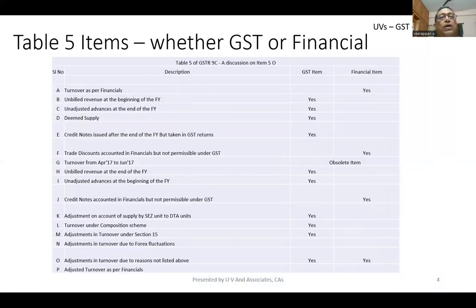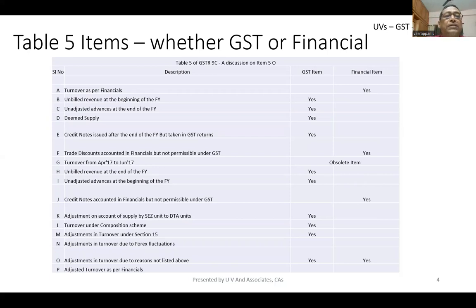Let us see which items are regularly considered by the GST team of the assessee in the regular monthly returns, and we call them GST items. And whichever are not considered in the regular monthly GSTR1 returns, but the entries pass through the financial books, we consider here as financial.